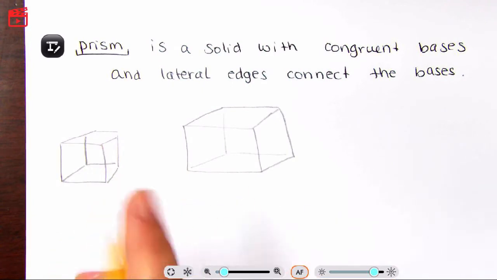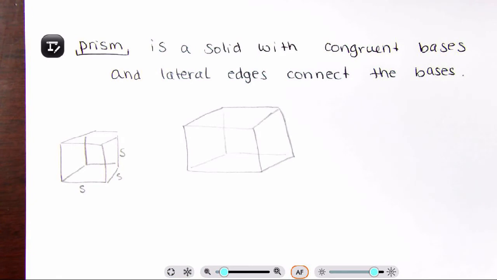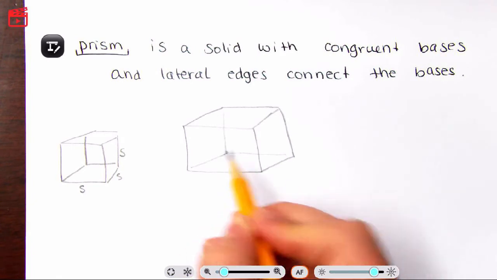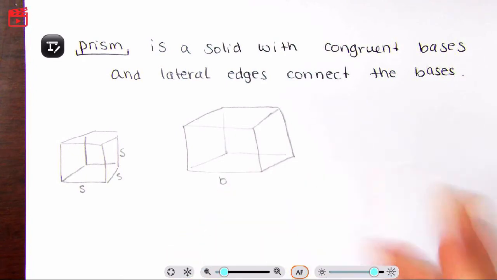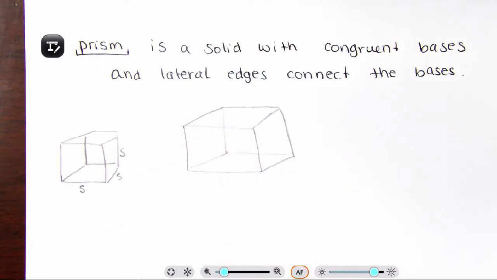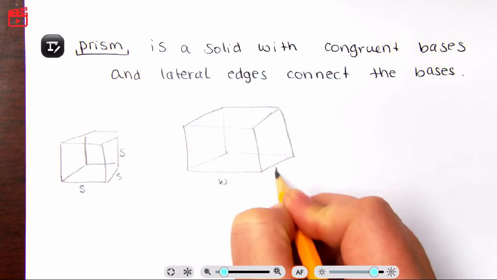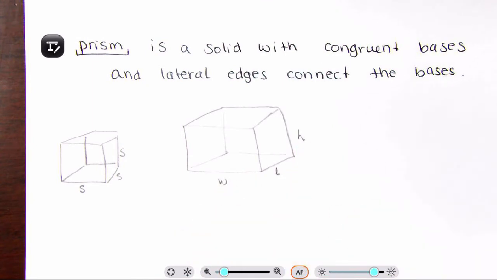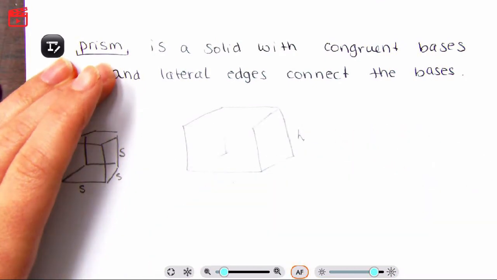So if we have a cube with all of the sides being the same unit of measure, we have a cube, and then we have something like a rectangle where we have the base. Let's call this the width, the length, the height, or the length, the width, the height, up to you. It's all the same thing.